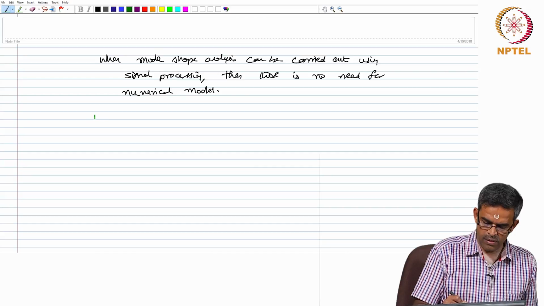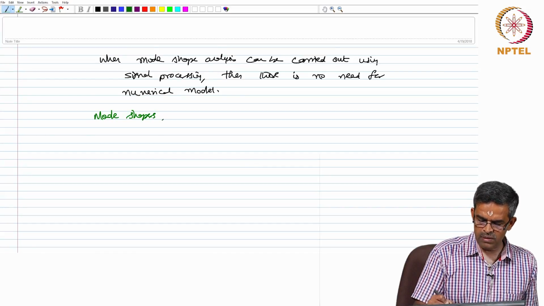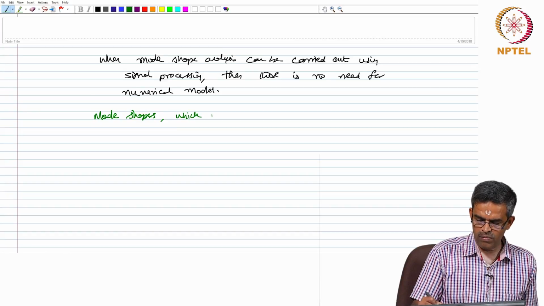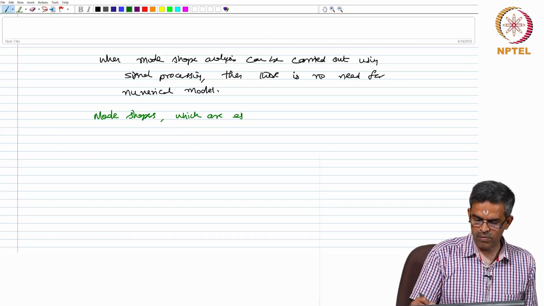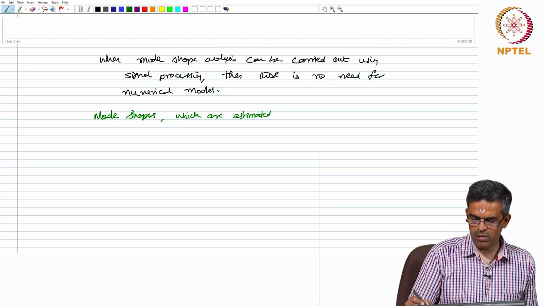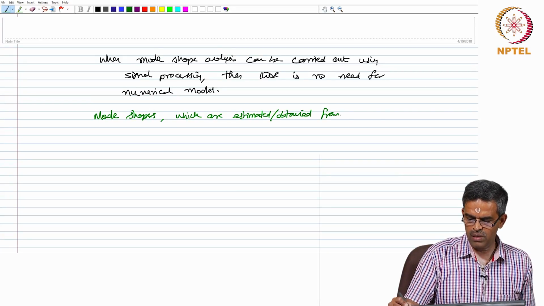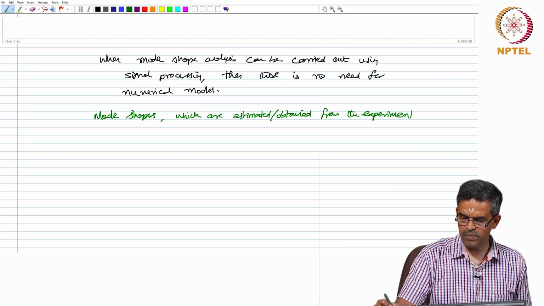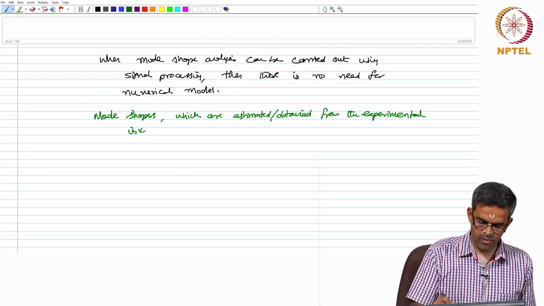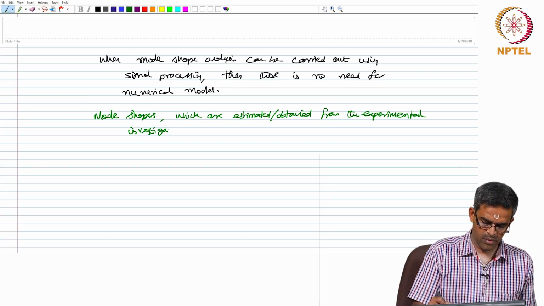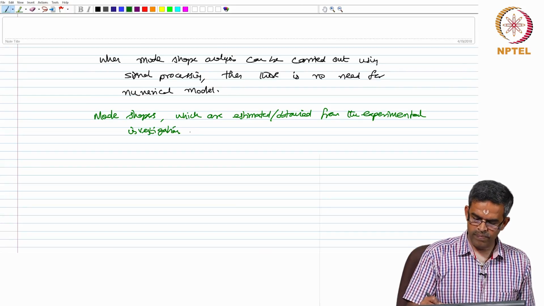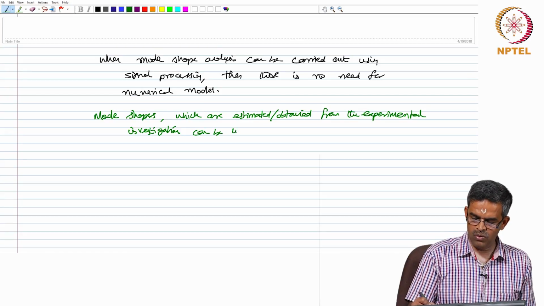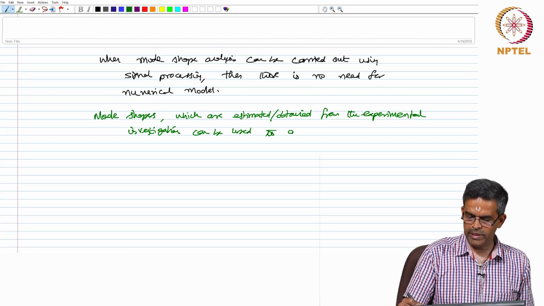Mode shapes which are estimated from the experimental studies or which are obtained from the experimental investigations can be used to detect damage.